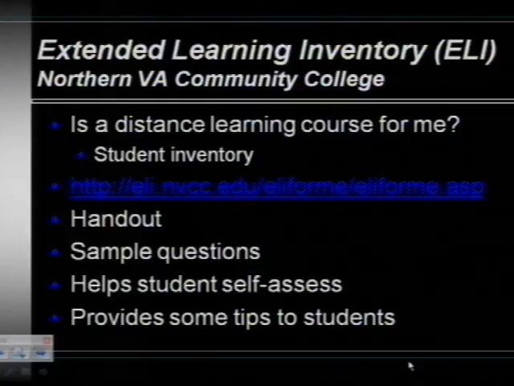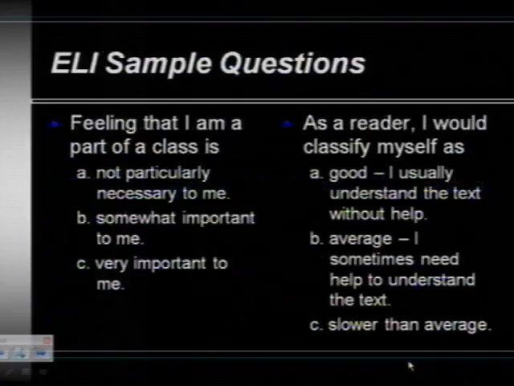On the back it kind of gives them tips. If you say that you like to do things at the last minute, maybe you shouldn't do that. So it jogs their memory a little bit on what they should and shouldn't be doing. That's just one example. There's tons of them out there if you search the internet. But it provides some tips for them.